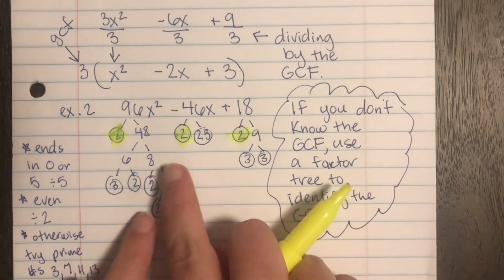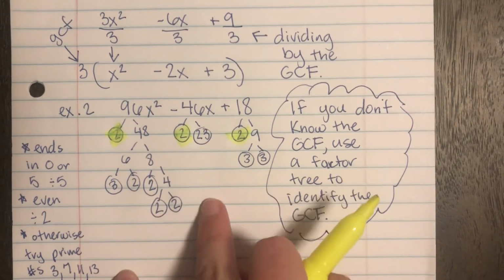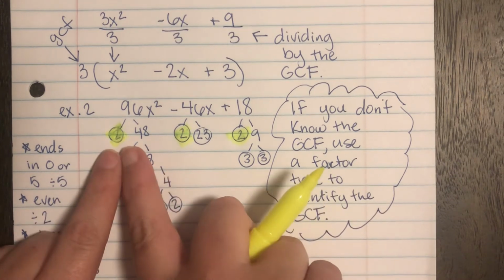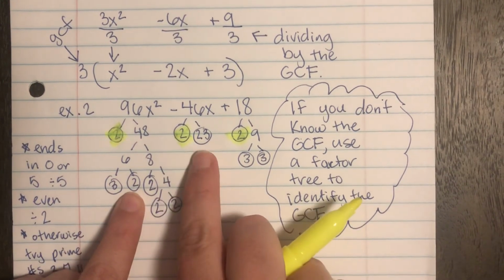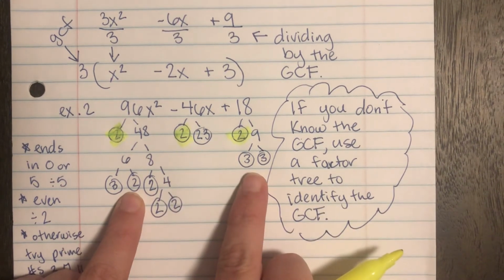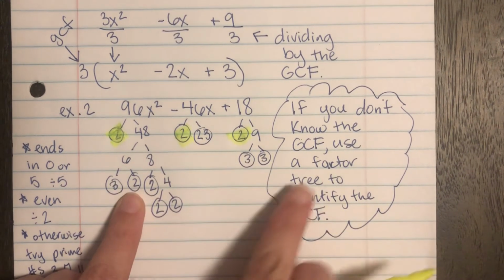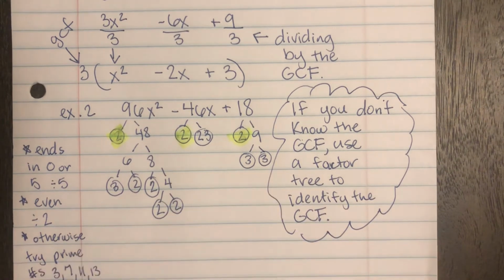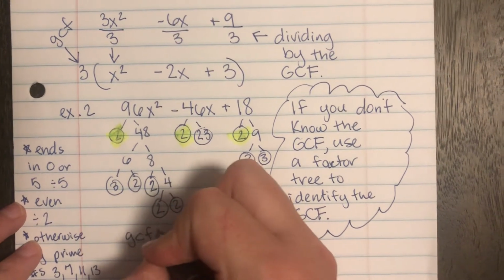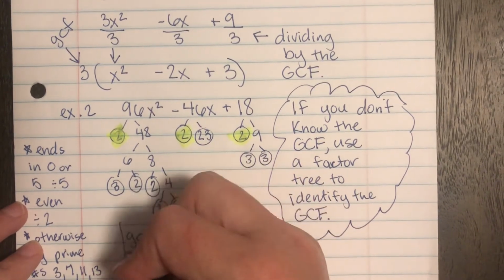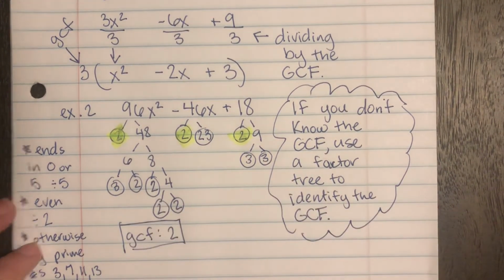Make sure you're not highlighting every single 2. For each 2, there has to be a match. If I wanted to highlight this one, that would mean that this one would have to have a 2 and this one would have to have a 2 as well. There's not another match between these. So our GCF for this is 2.